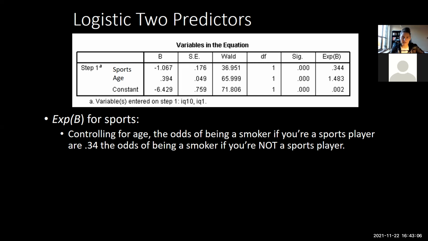So yes, you are correct that in this model, sports players are less likely to be smokers. The odds of being a smoker if you're a sports player are a third of the odds of not being a smoker if you're a sports player.